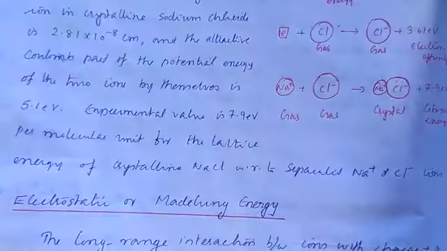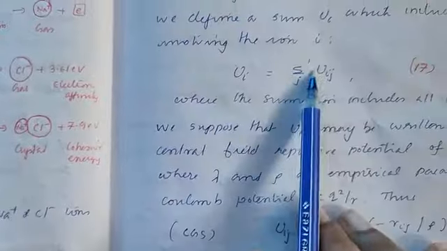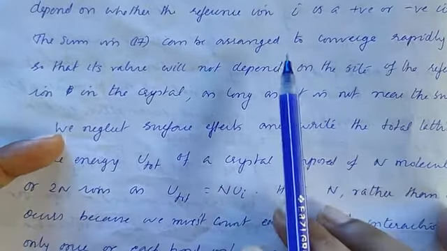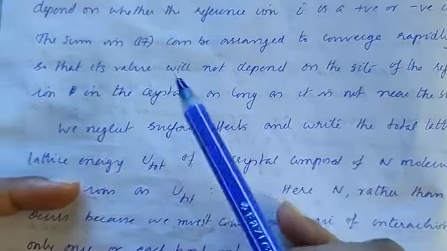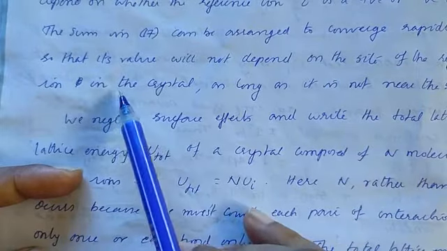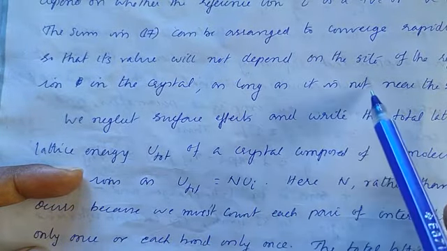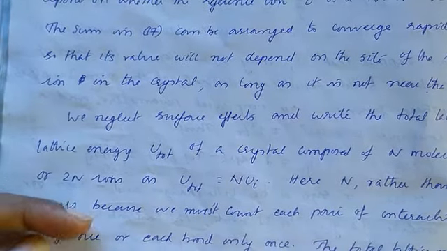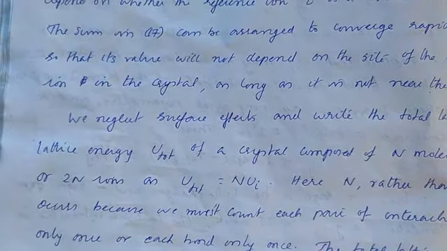The sum in this equation can be arranged to converge rapidly, so that its value will not depend on the site of the reference ion in the crystal, as long as it is not near the surface. So the sign of the reference ion is not an important factor here.